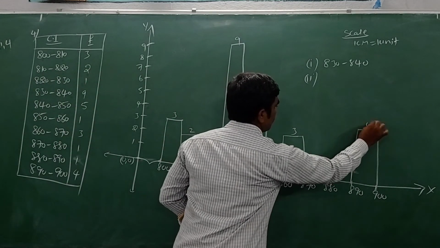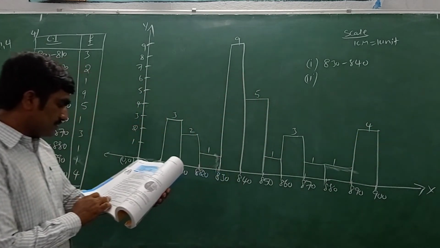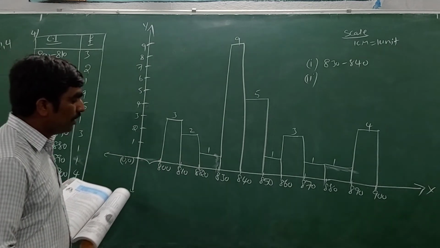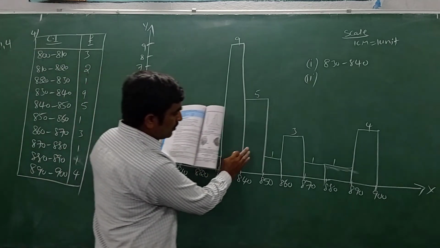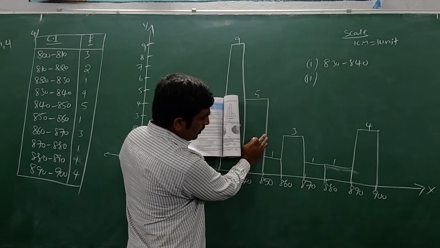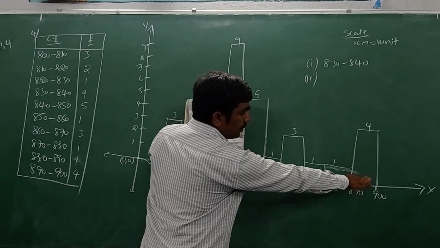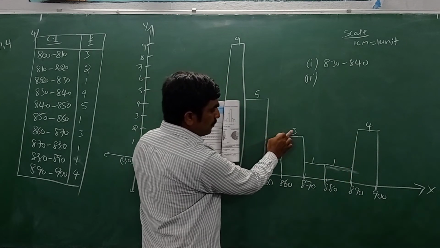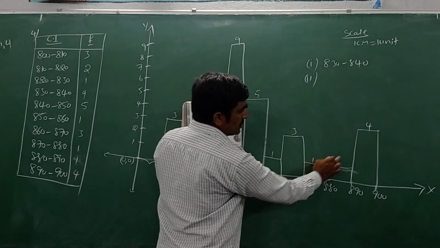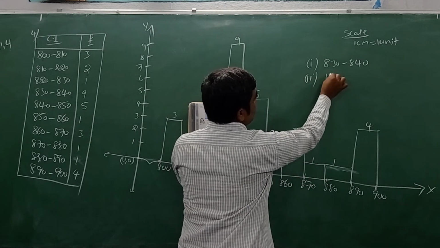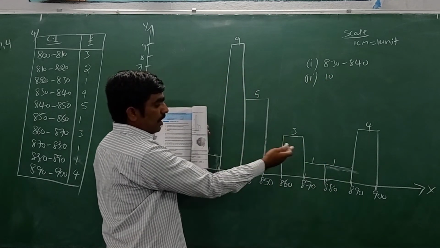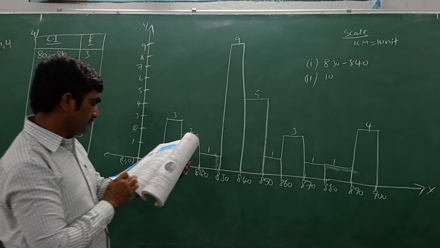How many workers will earn 850 and more than 850? From here you can consider. 850 and more means from 850 up to 900. 1 plus 3, 4, 4 plus 1, 5, 5 plus 1, 6, 6 plus 4, 10. Yes, 10 workers will earn 850 and more.